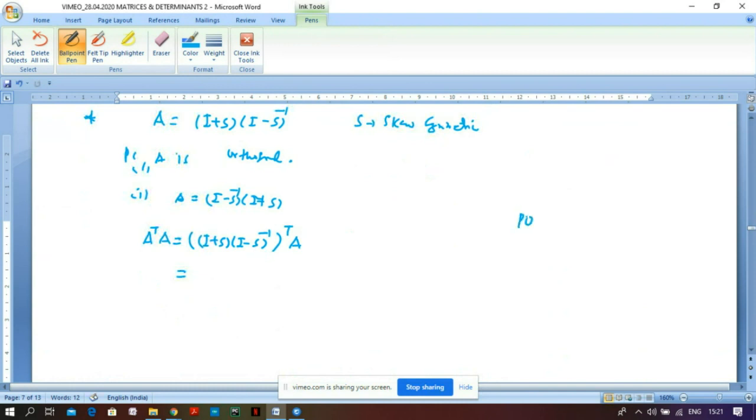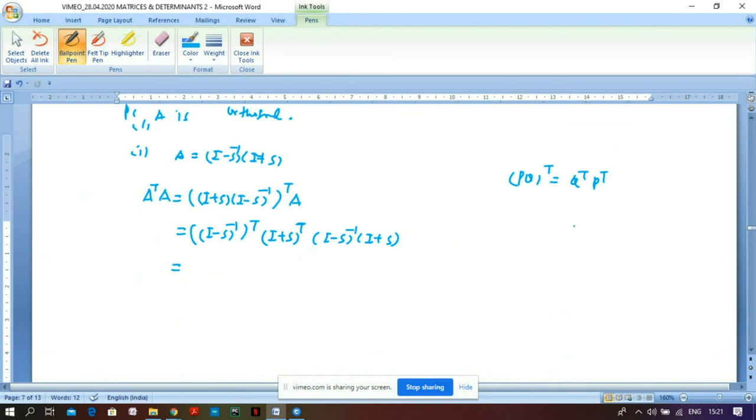Now, PQ transpose equals Q transpose P transpose. That will give me I minus S inverse transpose, I plus S transpose, and times A. Make good use of brackets. A was already given, so I will write I minus S inverse and I plus S.